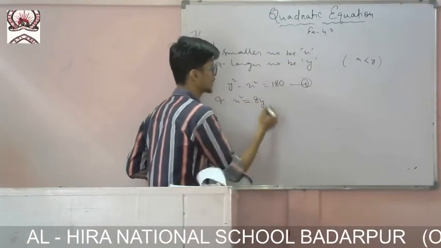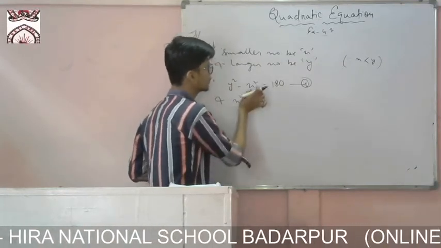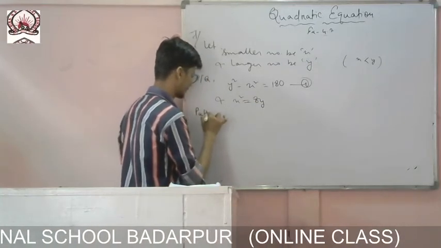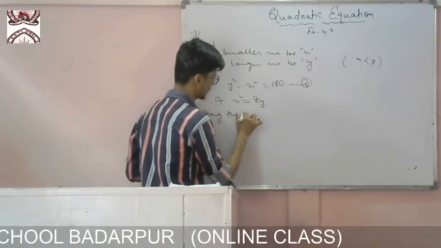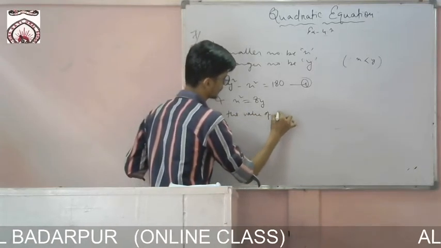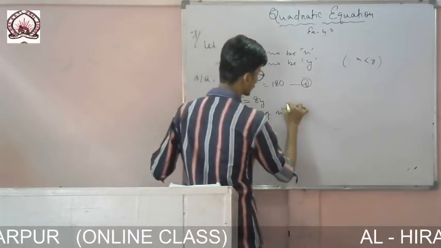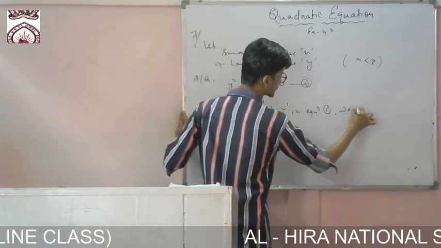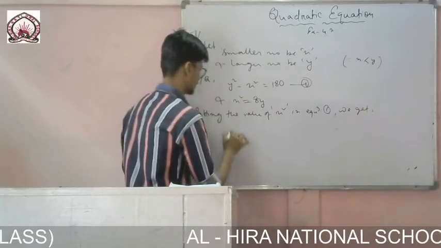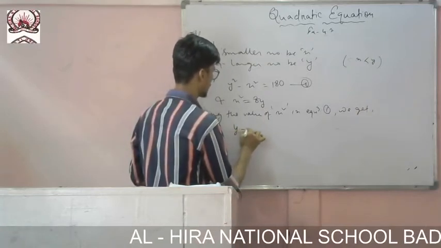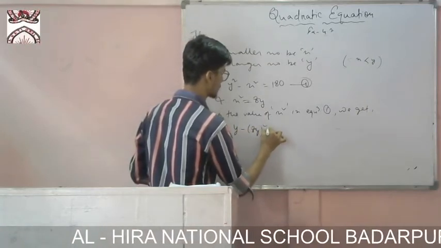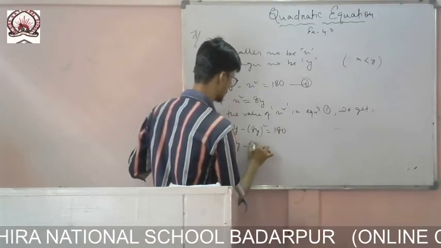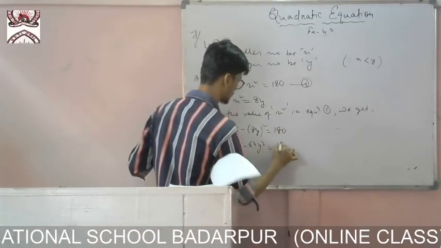Putting the value of x squared in equation 1, we get y minus 8y whole squared equals 180, y minus 64y squared equals 180.